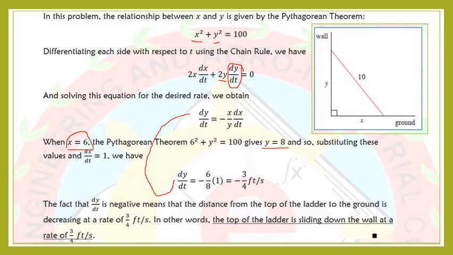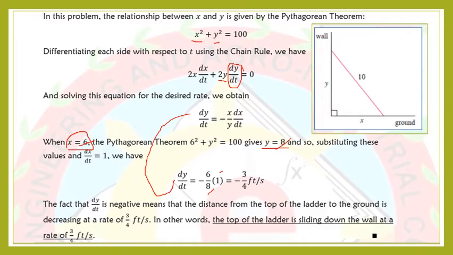Negative, si x is 6, and then si y naman is 8 from here. Okay. And then, si dx over dt, ang given is 1. So, we have dy over dt is equal to negative 3/4 feet per second. The fact that dy over dt is negative means the distance from the top of the ladder to the ground is decreasing.